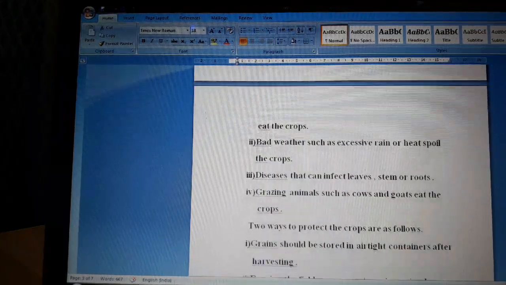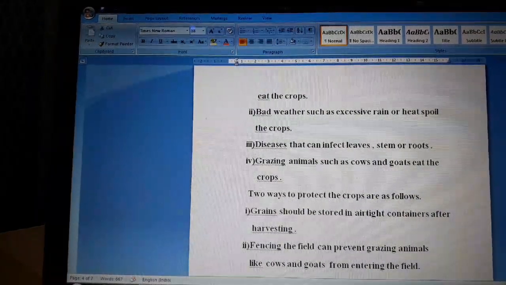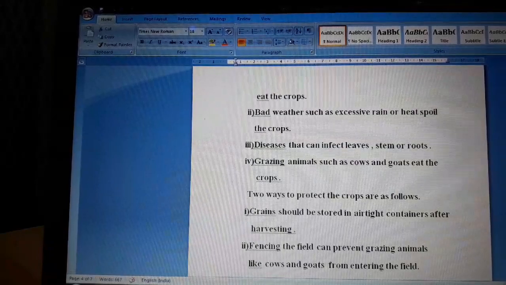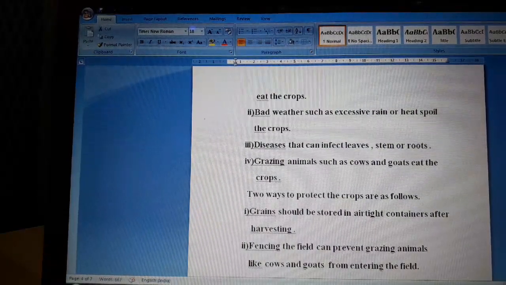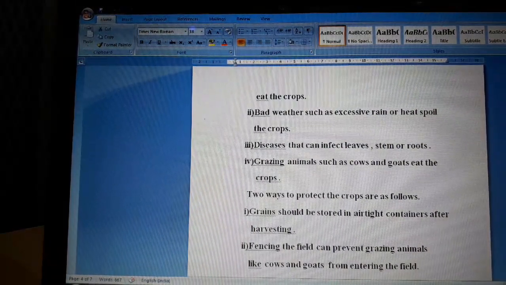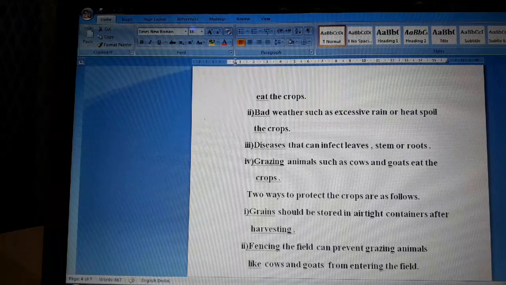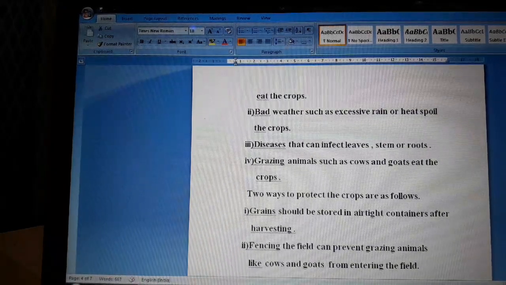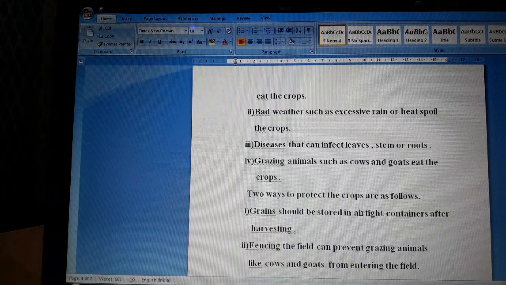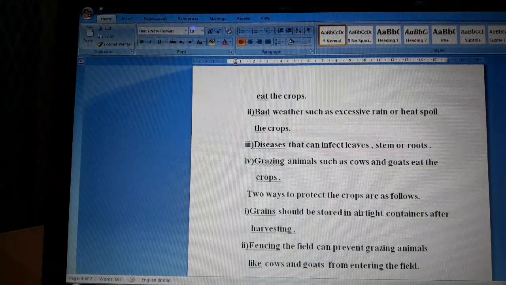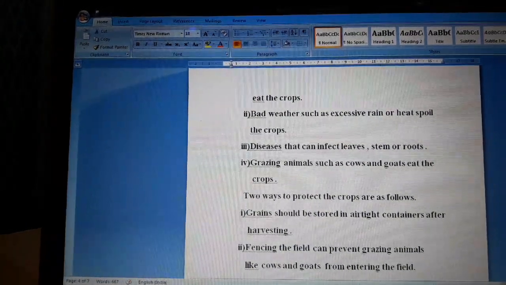The next question to this answer. We have two parts of this question. The first part I have told you, and the second part is: explain two ways to protect the crops. So what are the two ways to protect the crops?